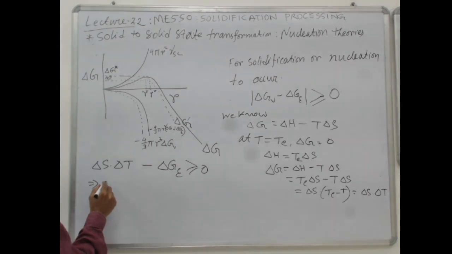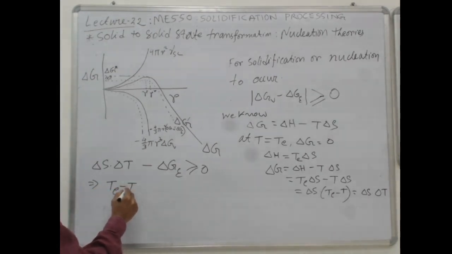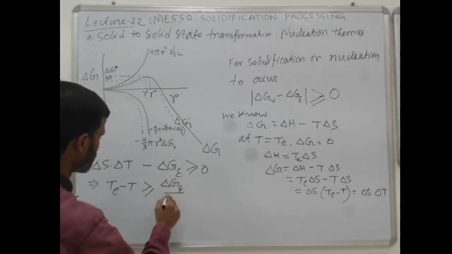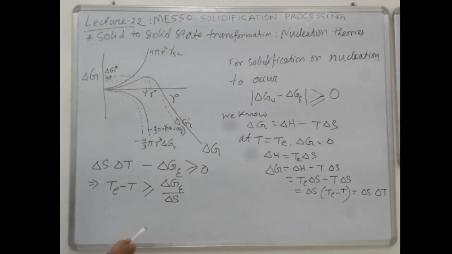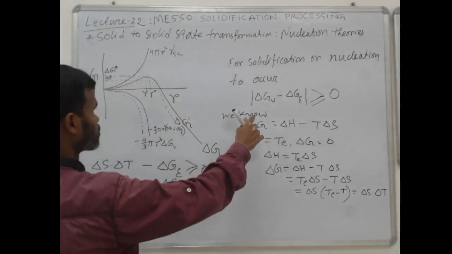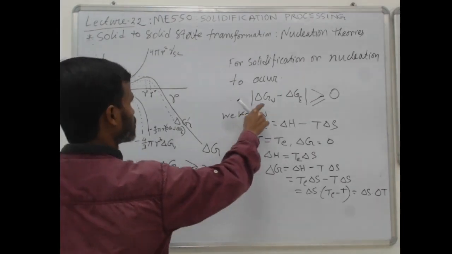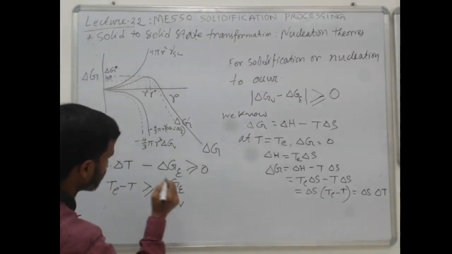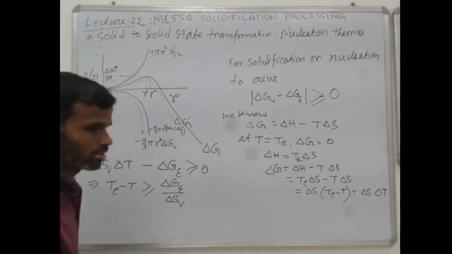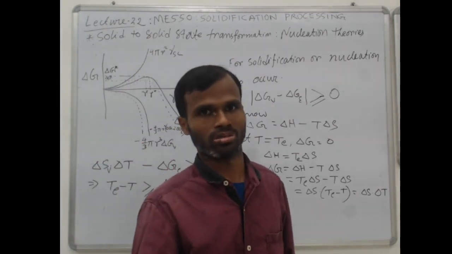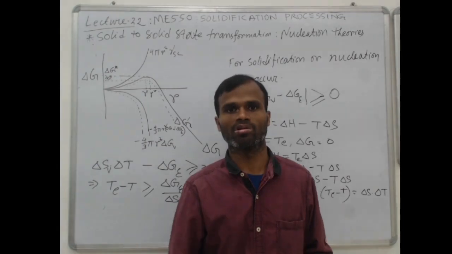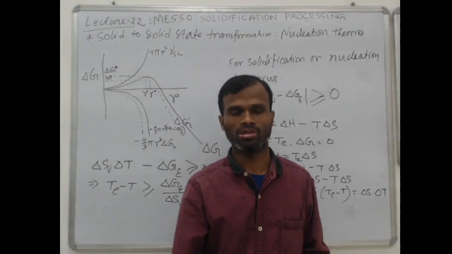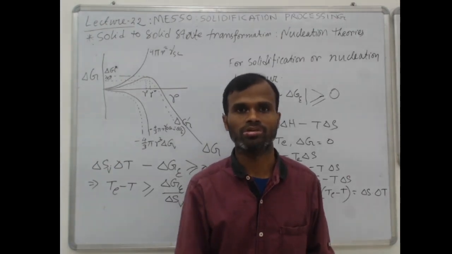So delta T, which is T E minus T, will be greater than or equal to delta G E by delta S. You can consider delta S like what we considered for delta G V, which is per unit volume. So here also you have to consider per unit volume. This is the molar entropy change per unit molar volume. Mole number into molar volume gives the total volume, so this is equivalent to entropy change per unit volume.